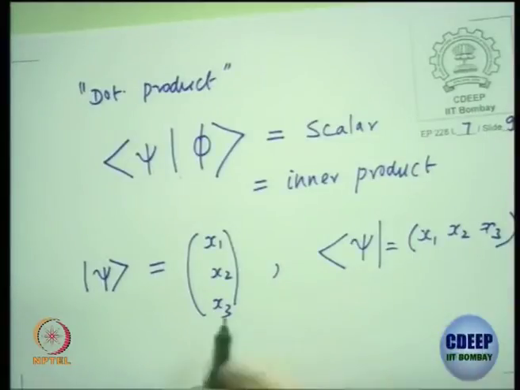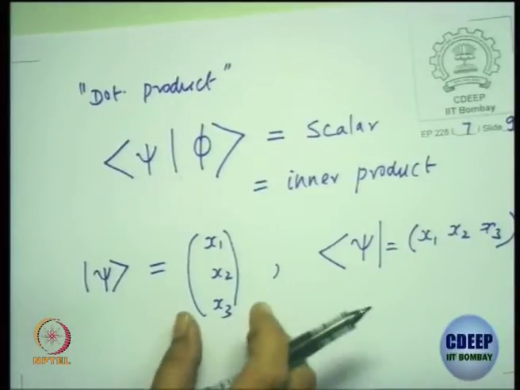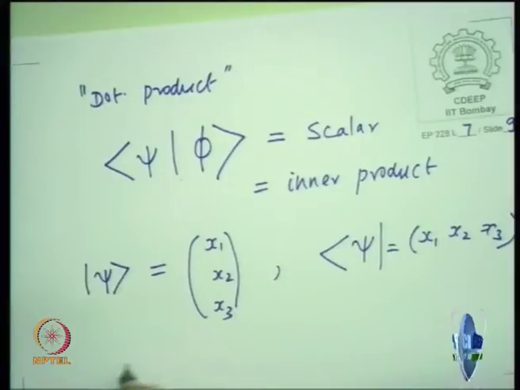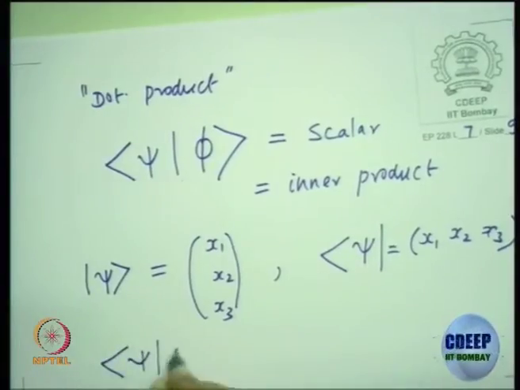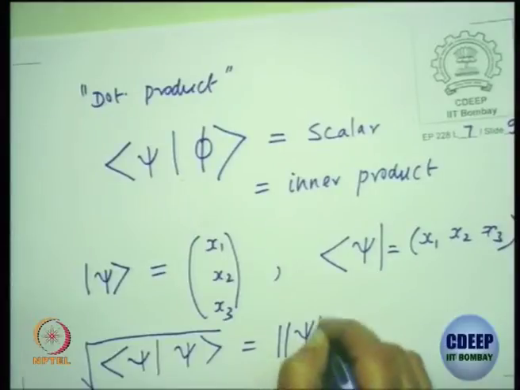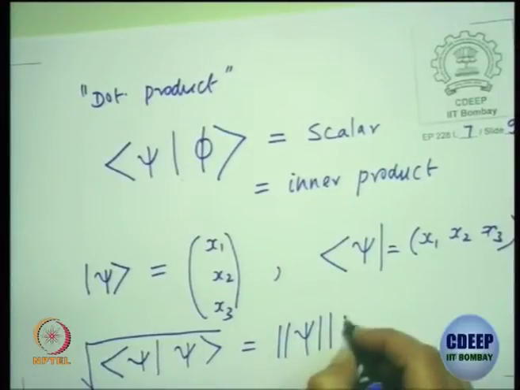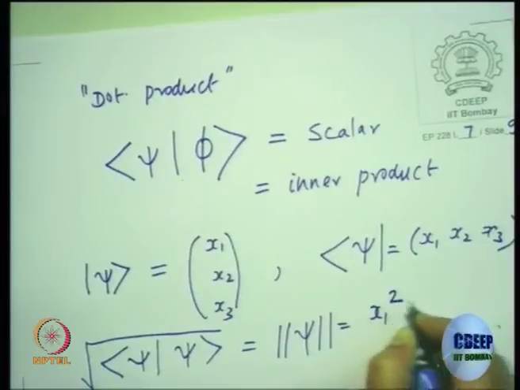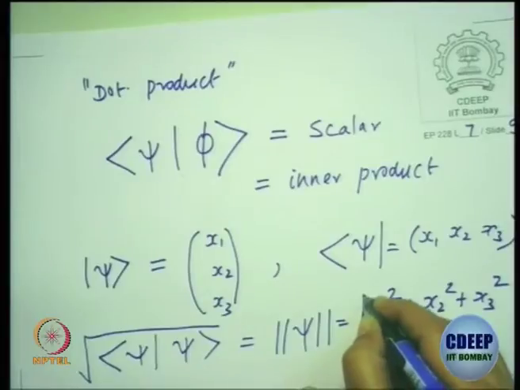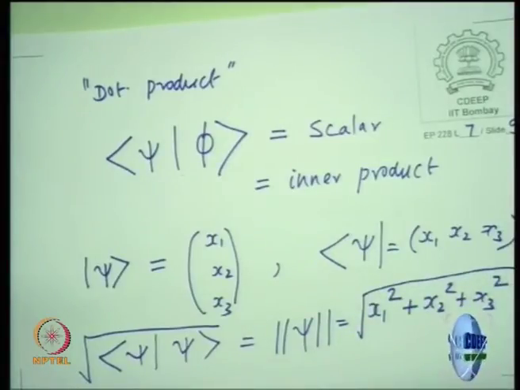So, this is a row, or it is a transpose of this in real vector space. R3 is a real vector space because the entries are all real, and you know the length of the vector, which is the square root of this, which we denote by norm of psi. That is just x1 squared plus x2 squared plus x3 squared.